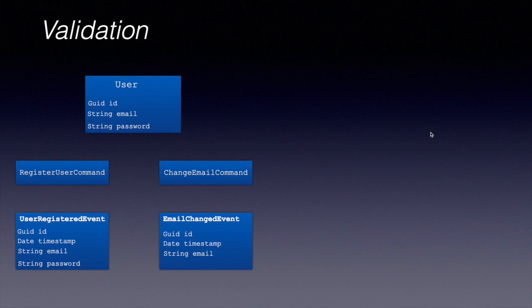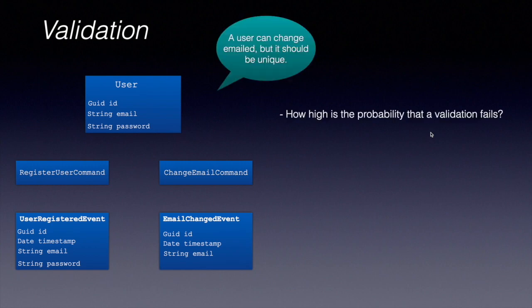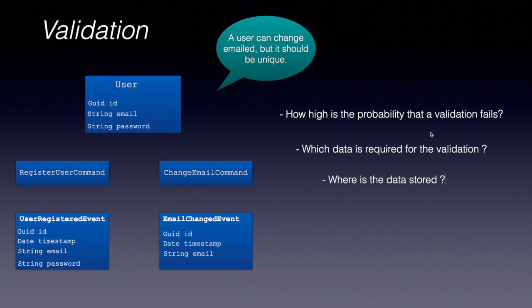But if it really hurts your business a lot, then definitely you should take proper measures to tackle this issue technically, and make the proper changes in your code or business logic to validate the uniqueness of your email IDs or any specific data. So, how high is the probability that a validation fails? Which data is required for the validation, and where is the data stored, whether in a read store or an event store?